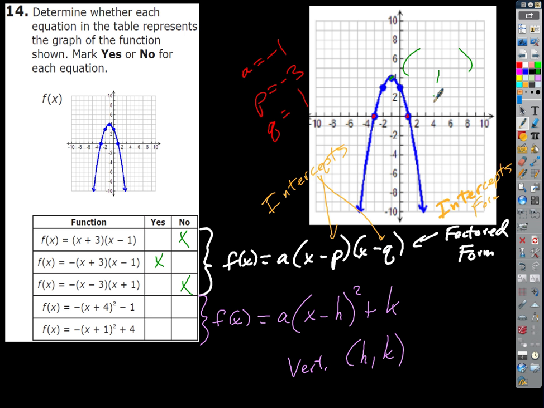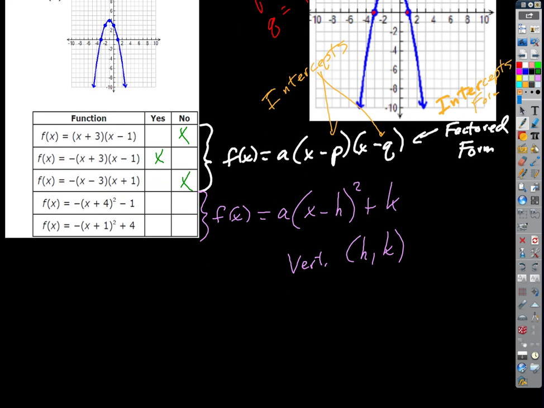It's -1, 4. So that's h, that's k, and a is still -1. Which of these is going to work? The bottom one, because I get -1 times x minus -1 quantity squared plus 4. So there are my answers.